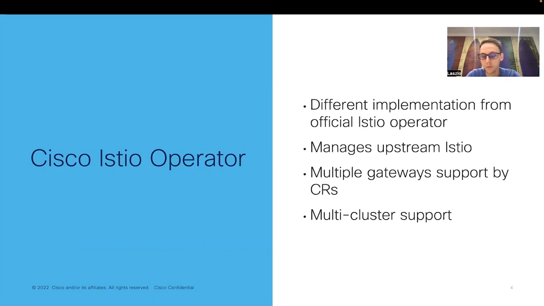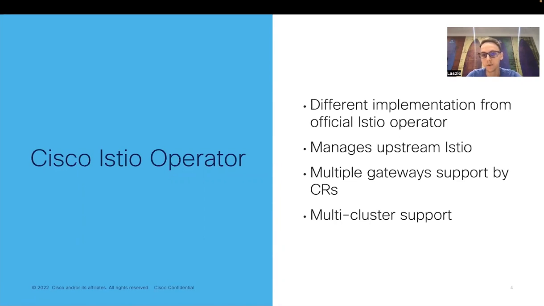And you might remember this by the name Banzai Cloud Istio Operator. Now, since the acquisition, we usually refer to it as Cisco Istio Operator. Of course, it does similar things as the official Istio operator. So it, of course, manages upstream Istio. You can install Istio with it, configure, upgrade, all the usual stuff, as you would imagine.